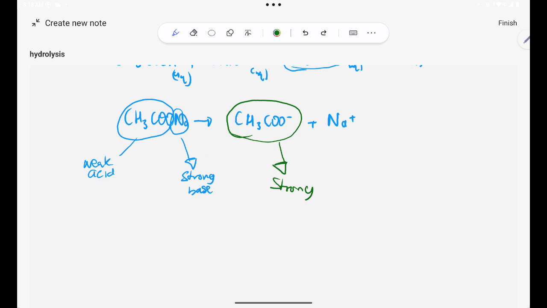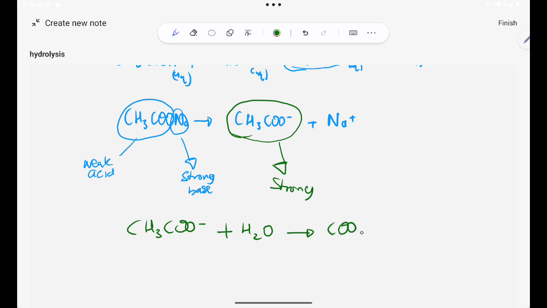It's either the hydronium ion or the hydroxide ion. So I'll simply take CH3COO minus plus water.